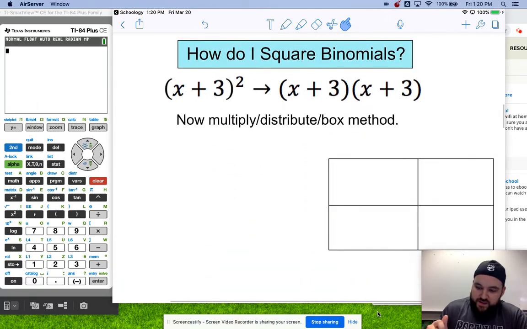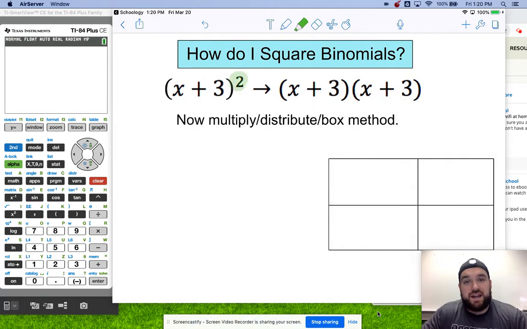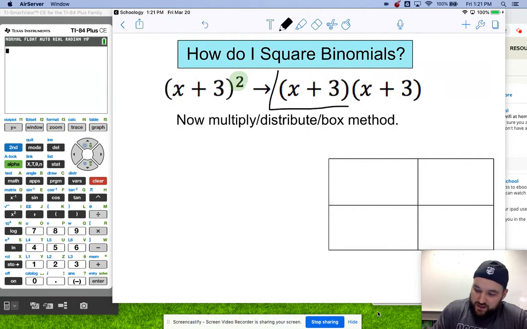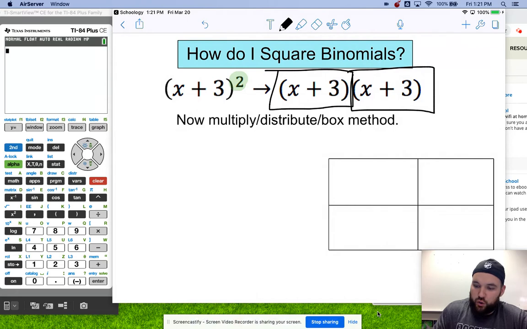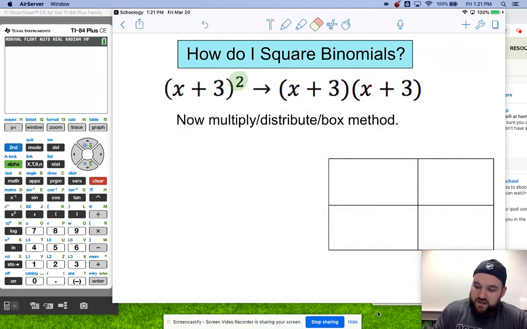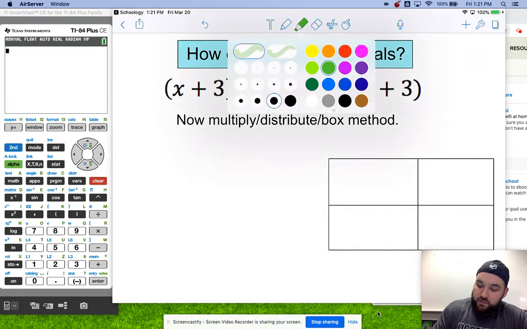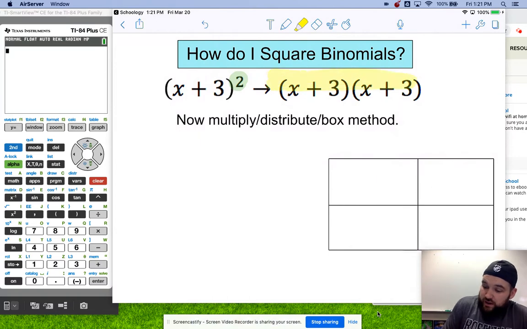If you think about what this second power means, that second power means you're squaring something, and to square something means you are multiplying that thing by itself. So x plus 3 to the second power means the binomial x plus 3 multiplied by another binomial x plus 3. So if you see that second power, I highly recommend that you write it out like this, x plus 3 times x plus 3.